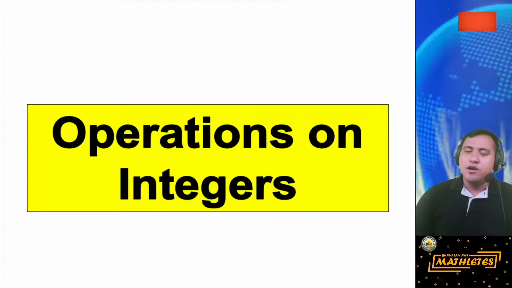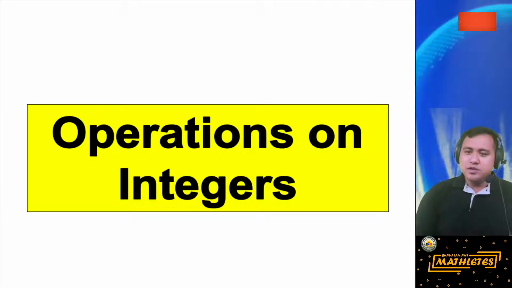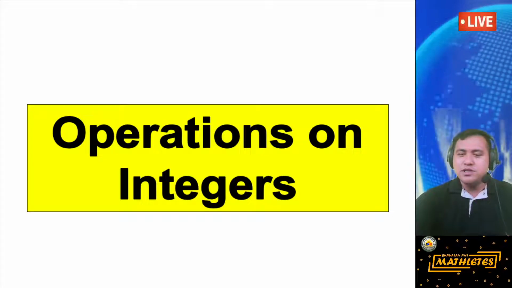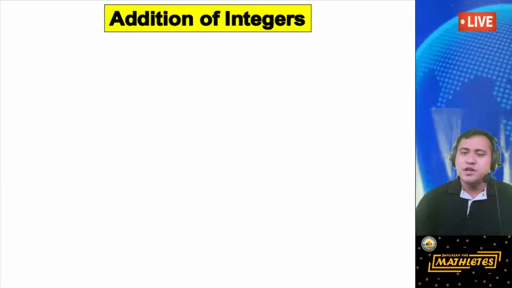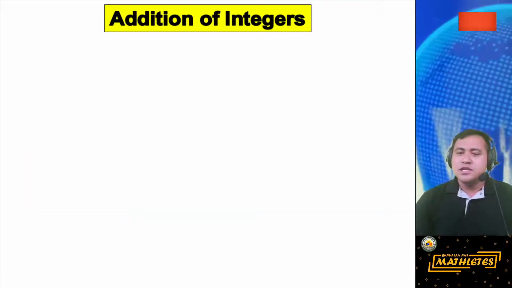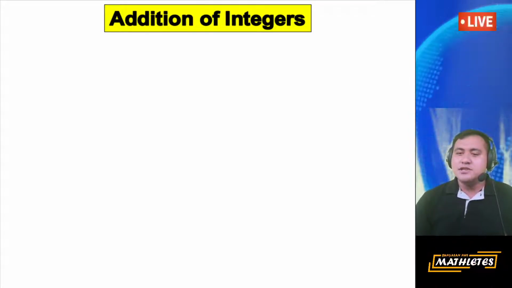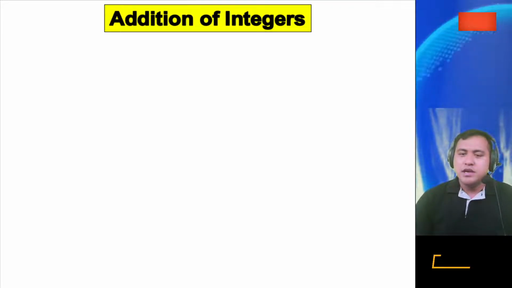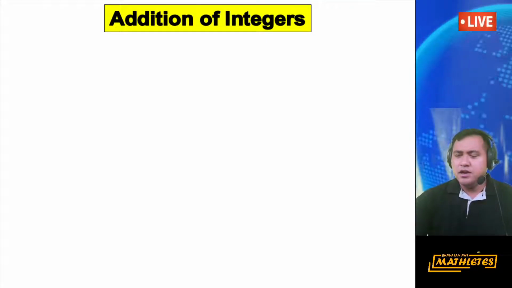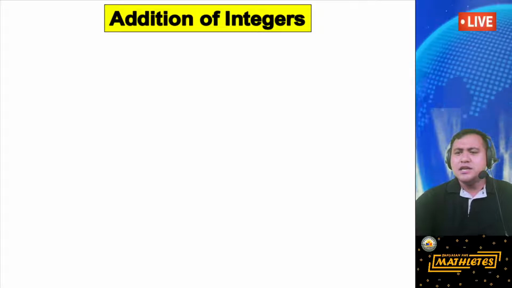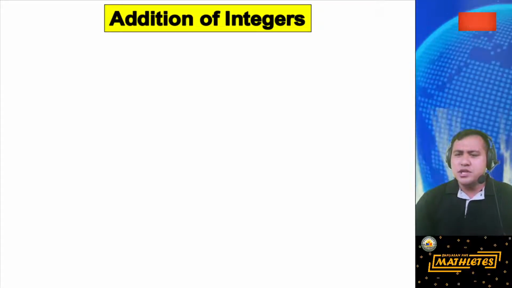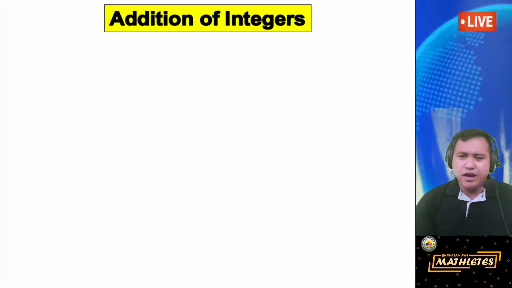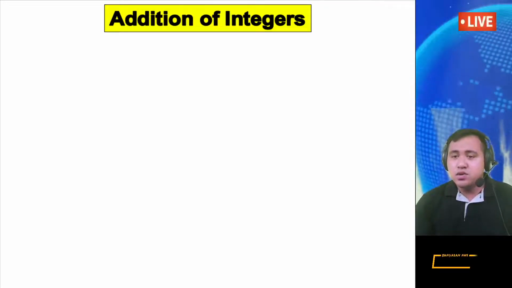Now we're going to have the fundamental operations on integers. First, this is about addition of integers. In adding integers, there are so many ways. You can use the number line, the tiles, and the rules.